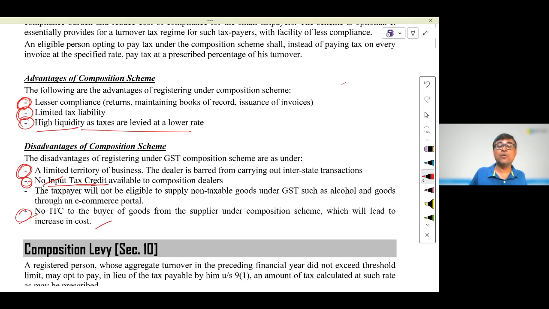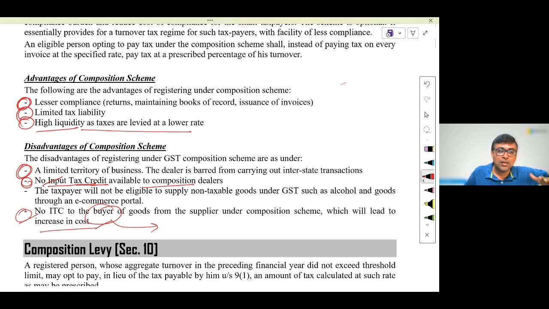That means it is from my own pocket. Since I'm not collecting the amount of tax from my buyer, it will lead to increase in my costs. And moreover, I'm not taking ITC, it will also increase my cost. Since buyer is not paying tax to me, hence buyer is not entitled for any ITC. If he buys goods from me, he is not eligible for any ITC.